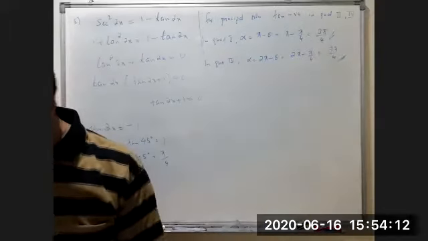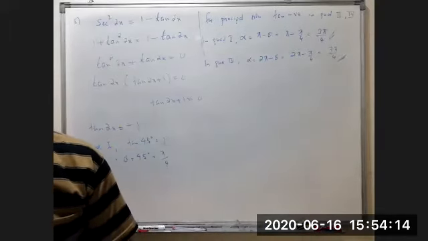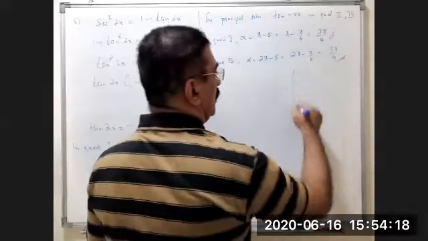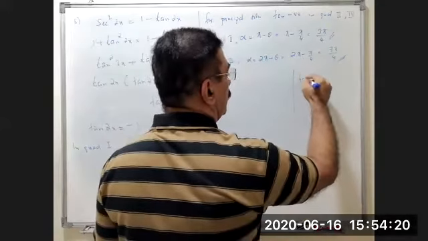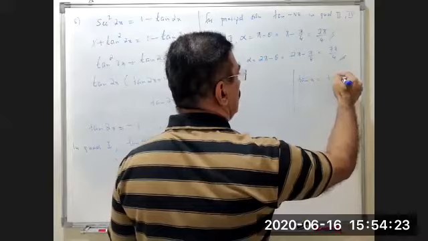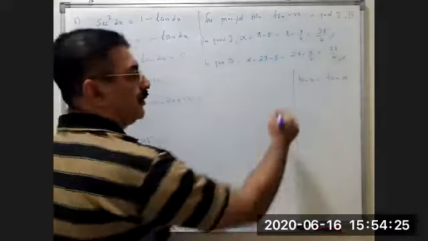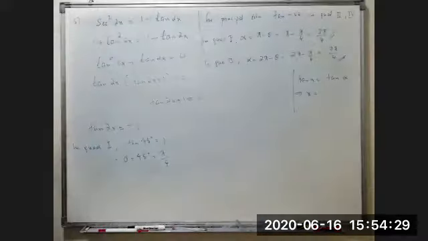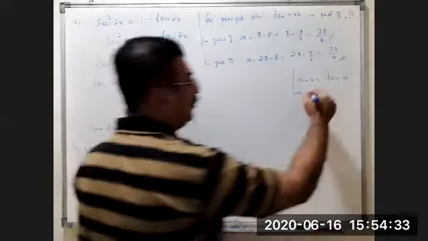And always for solving it, we take the first value of alpha. Again, the formula is: if tan x is equal to tan alpha, x is equal to n pi plus alpha.